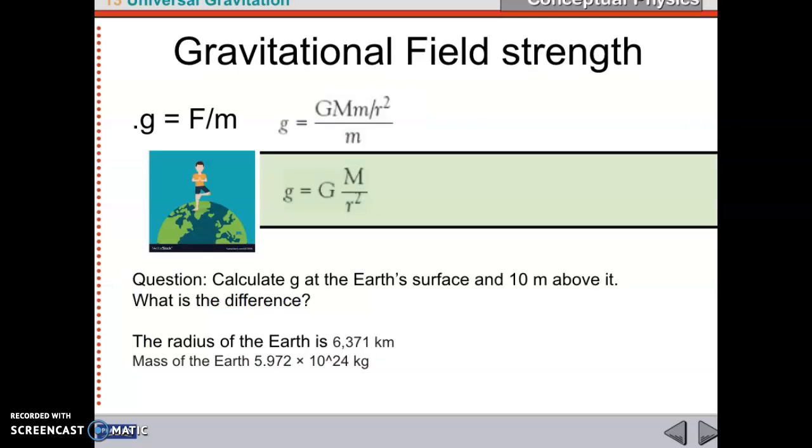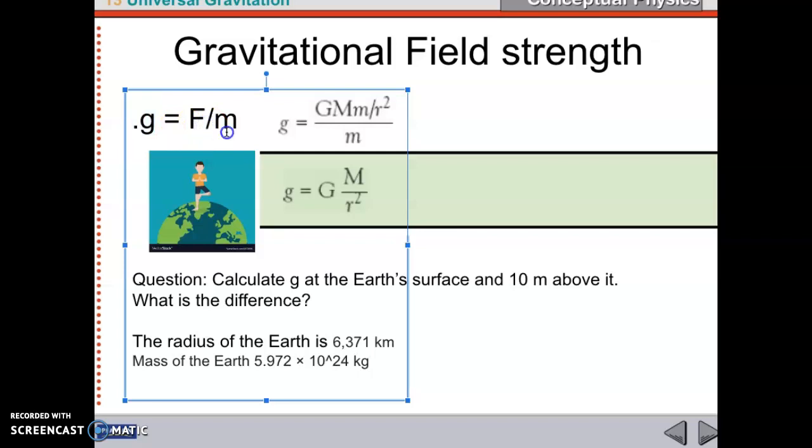We can use the equation, Newton's law of gravitation, to give us another relationship for that. And in fact, this proof is something you need to be clear on. If g is equal to F over m, then let's bring in our relationship for force that we looked at earlier.